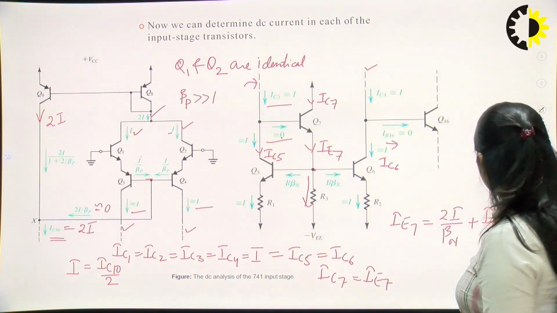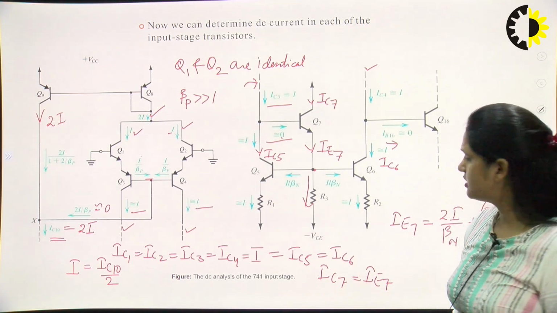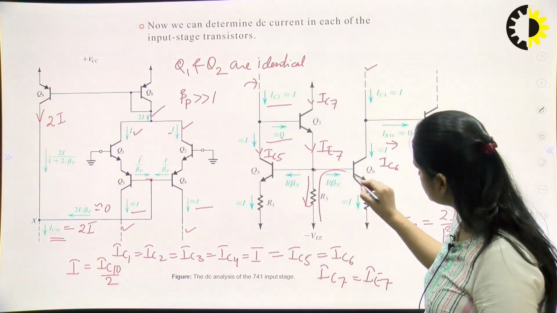Now you have to calculate this IR3. To calculate IR3, just apply KVL in this loop.